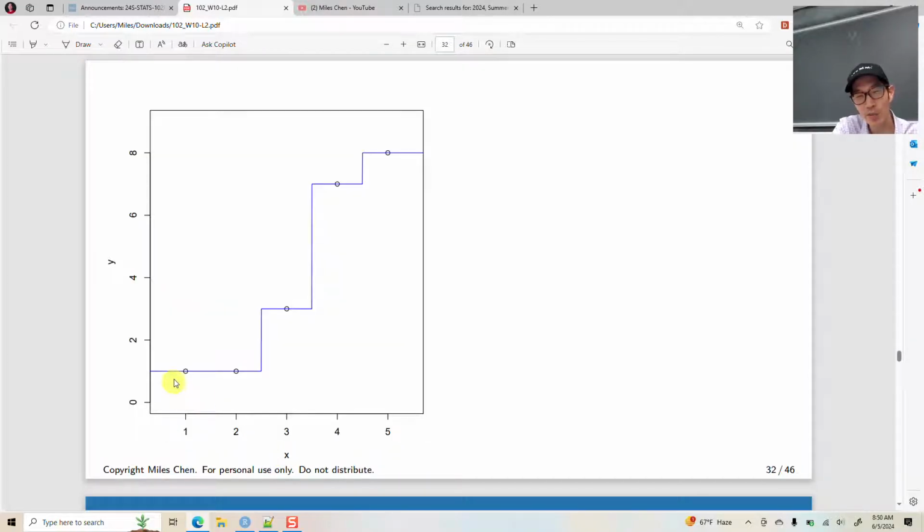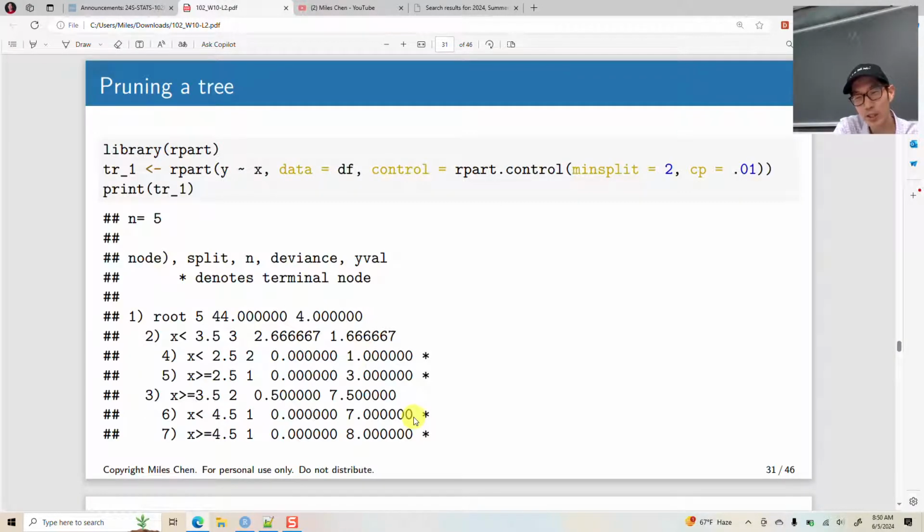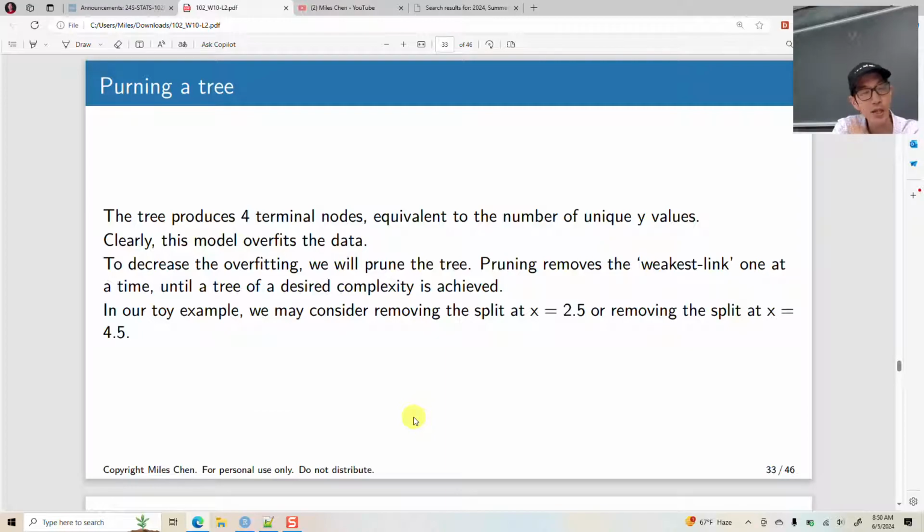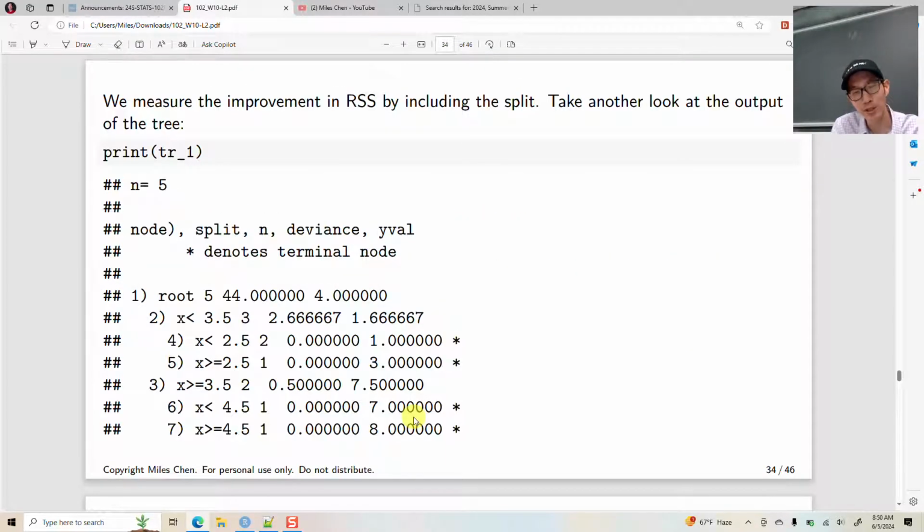We're predicting every single value perfectly here, but we've overfit our data. You can go back, and this is known as pruning the tree. They're really leaning heavily into this tree metaphor. If you have too many branches in a tree, I guess the gardener would then prune the tree.